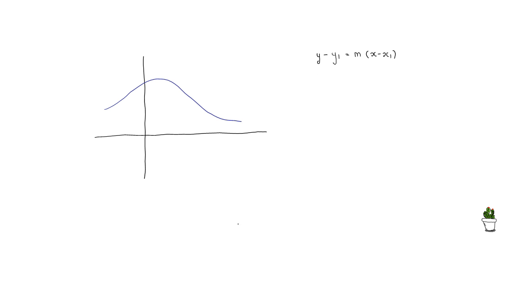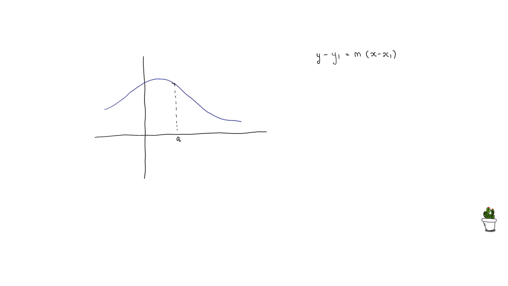We have some generic curve that we are looking at, and we want the equation of a tangent line at some point x equals a, which means that along this curve we have some point x equals a.